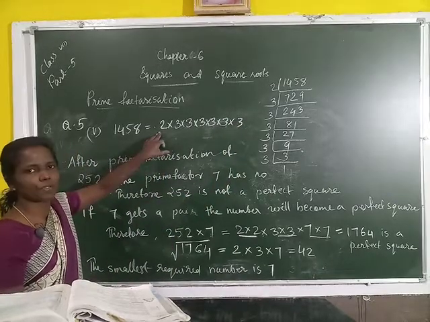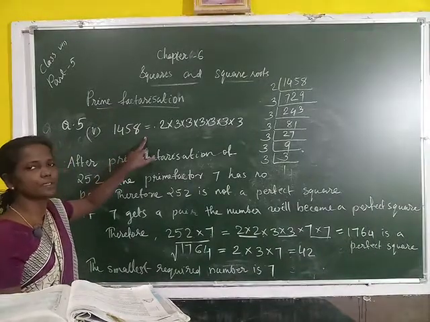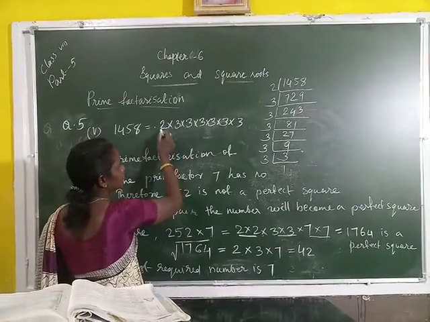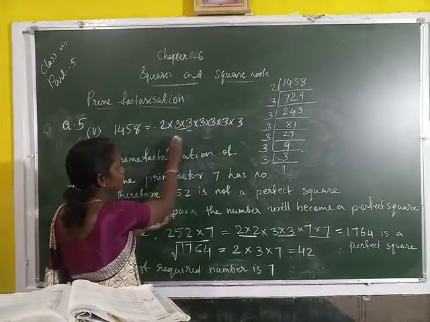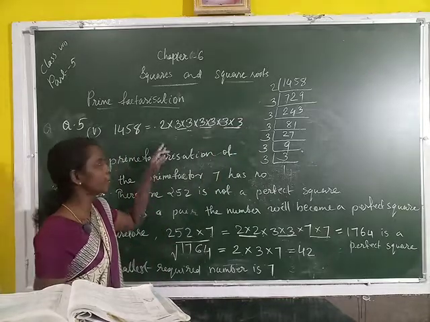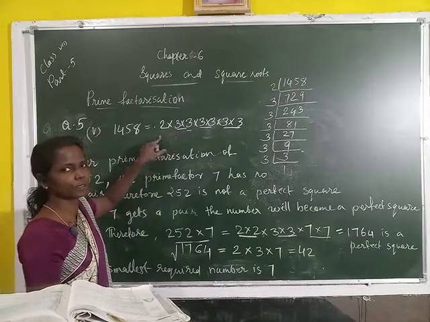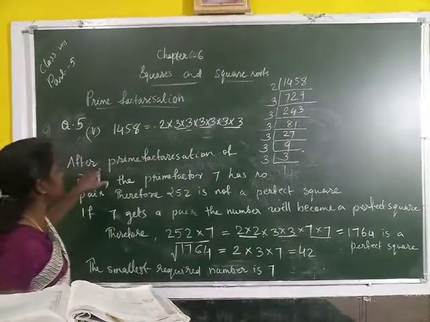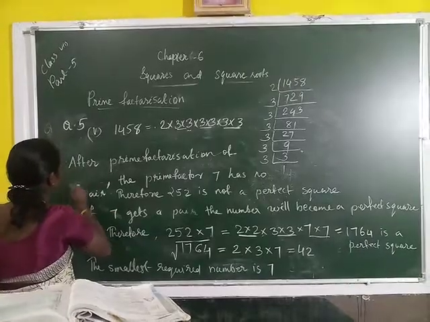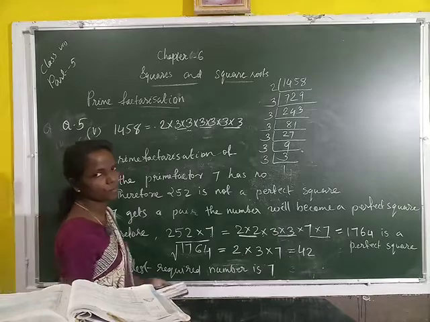We find out the prime factors of 1458. The next step, making pairs. Then look, 3 has pairs, that is also 3 has pairs. Here look, 2 has no pair. After prime factorization of 1458, which prime number has no pair?